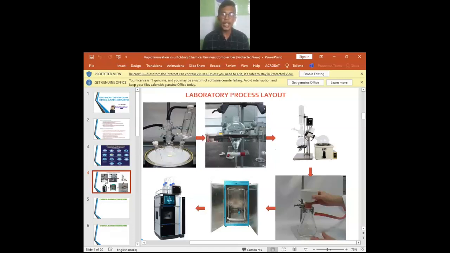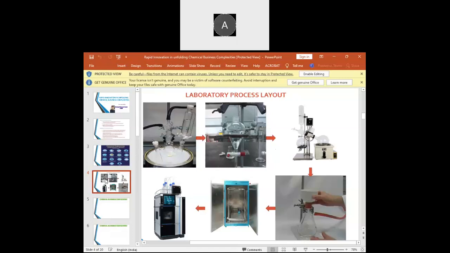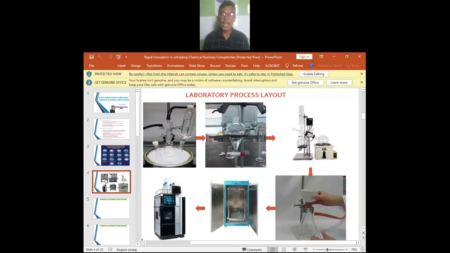The final dry product is then sent to quality control laboratory for complete analysis. This analysis includes analysis of the physical and chemical properties of a final product. They also check the compliance with regulatory standards as well as the customer specifications. May I have the next slide?